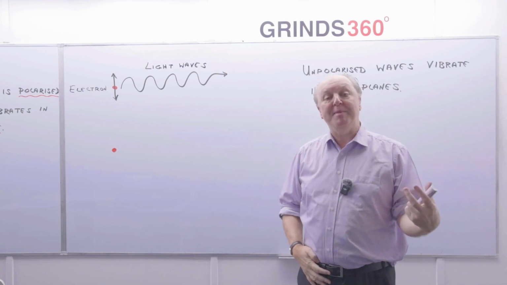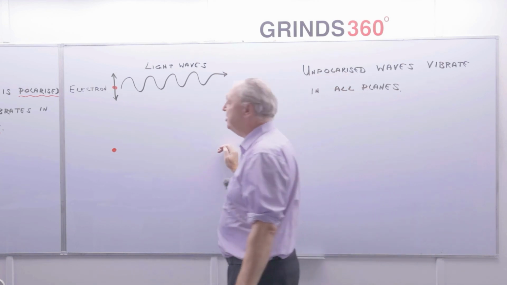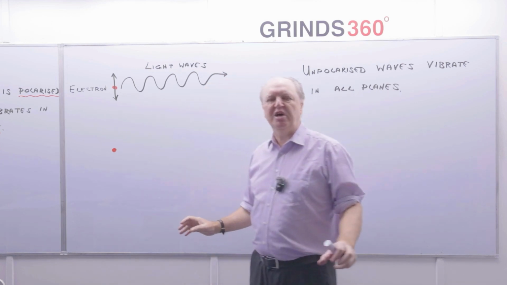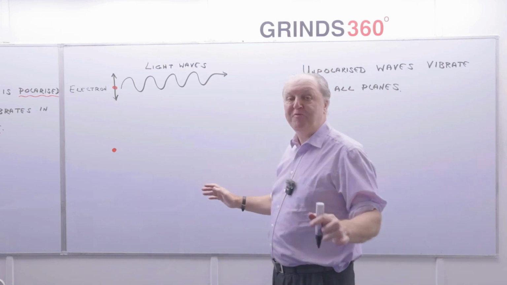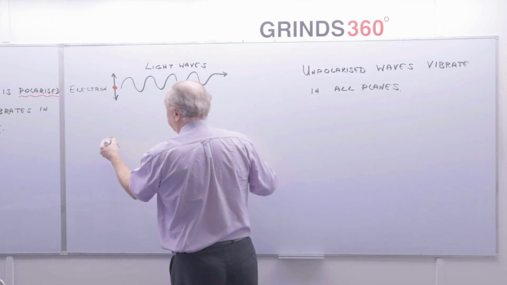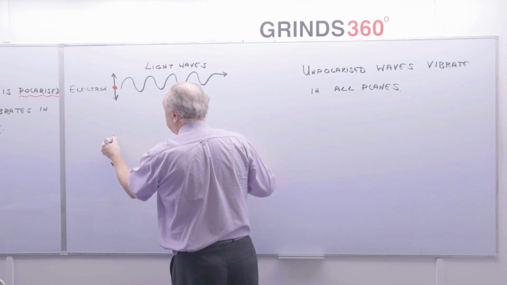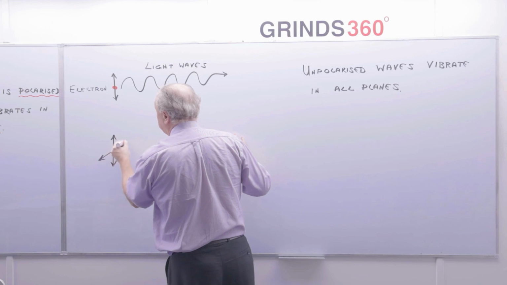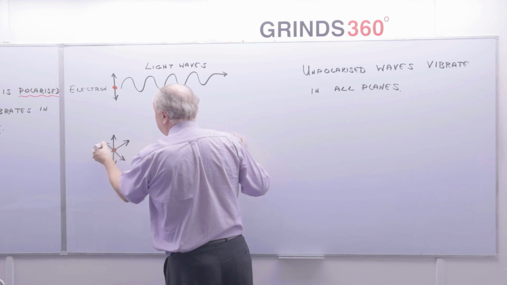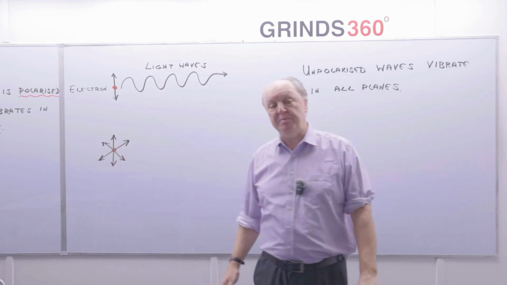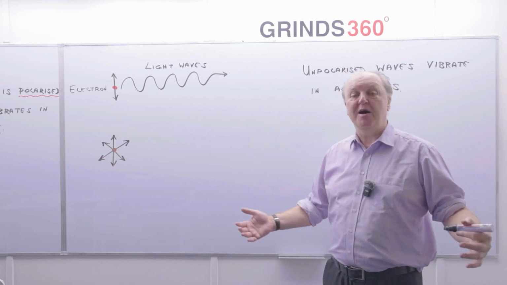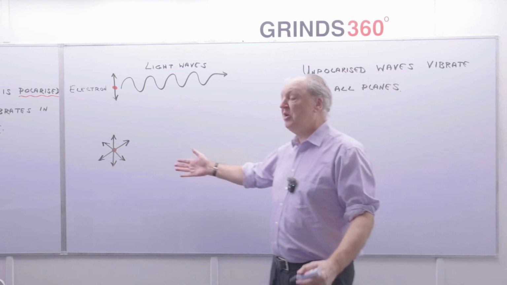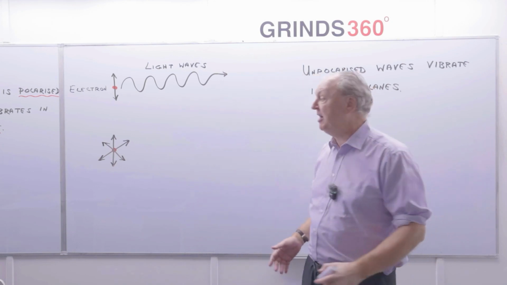Now, what happens if we're talking about a light source? A light source will contain electrons vibrating in all kinds of different directions. Any kind of bulb, for example, will have electrons vibrating up and down like that, side to side like that, every direction possible. So what kind of waves are you going to get coming out from a bulb where electrons are vibrating in all possible directions?